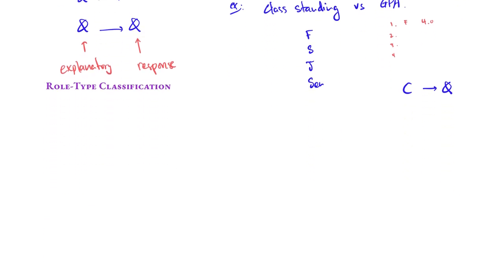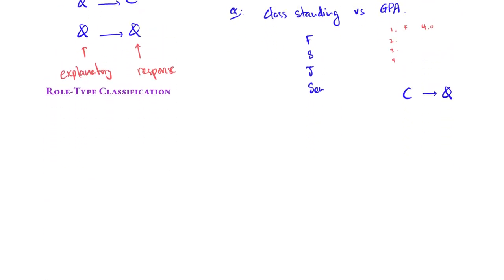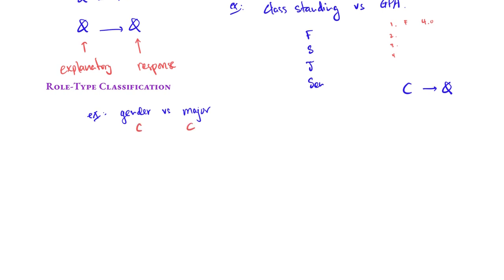Let's take a look at another example. Let's say this time we are interested in the gender versus the major. Now, both gender and major are categorical variables. Further, assume that we want to see whether the gender can explain the majority of the major.